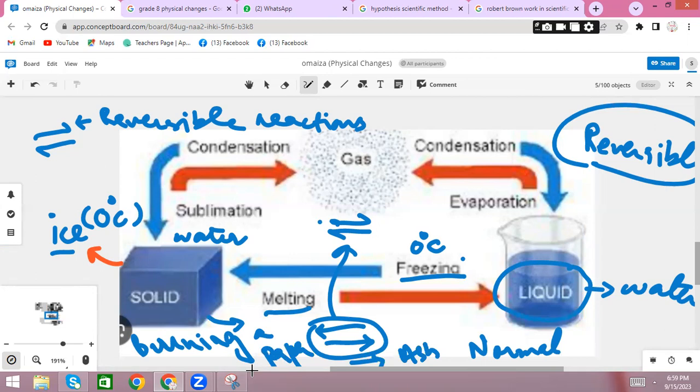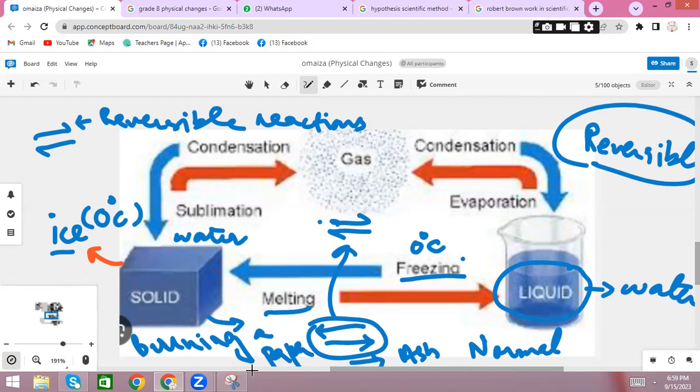So from here you have one more term to remember: reversible and irreversible reactions. The reversible is the one that can be reversed, like changing solid to liquid and liquid to solid, like freezing and melting.